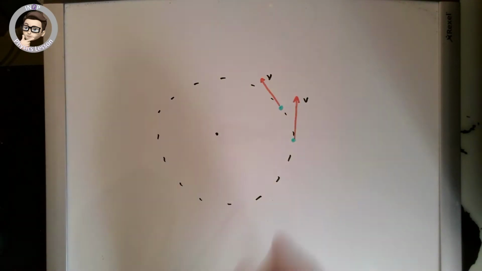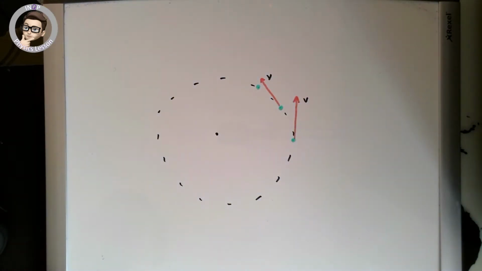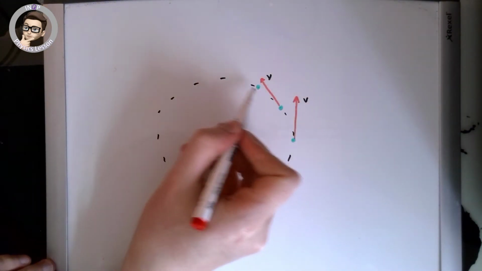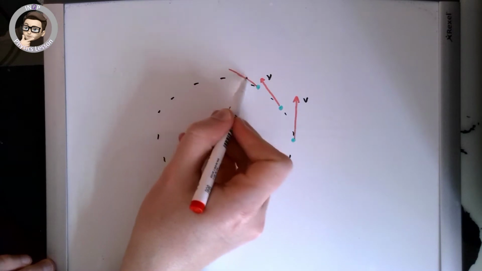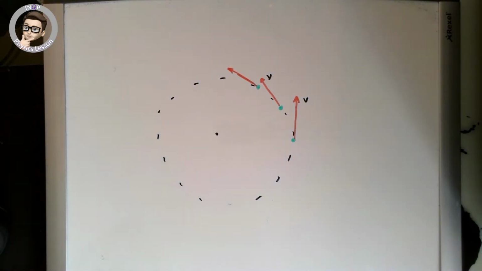So as our object moves around this circle, as it's transcribing this route around our centre of the circle, the velocities are changing direction. Okay, but the size of those velocities, the magnitude of those velocities remain the same.